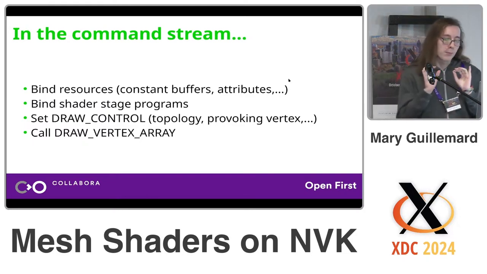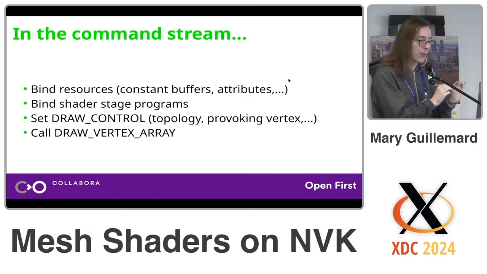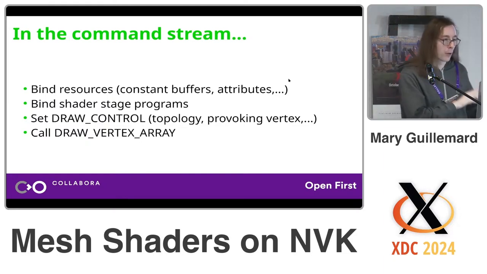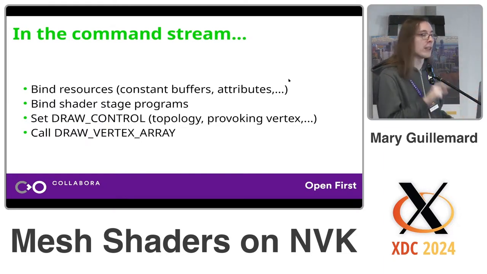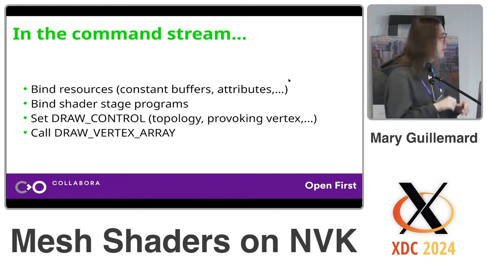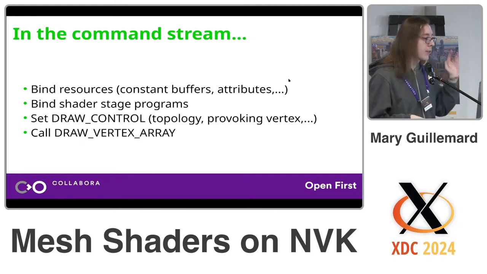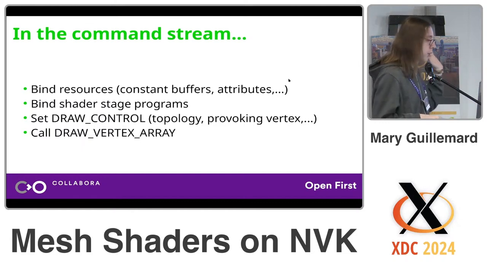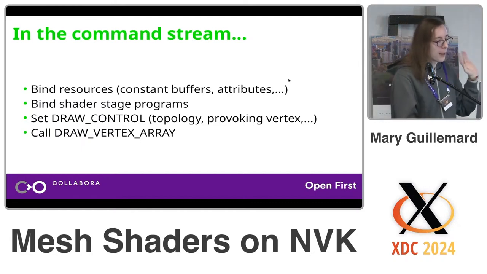Then it's going to bind all shader programs for each of your stages, and also disable anything that is not part of your actual draw. Then it's going to set the draw control register with the topology information, the provoking vertex and instance count, I think. And then it's going to call draw vertex array in the command stream. So yeah, it's quite simple.